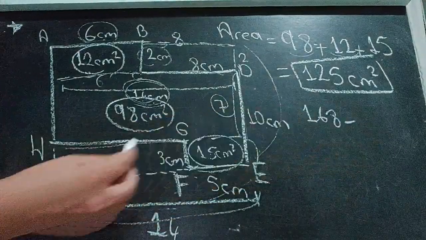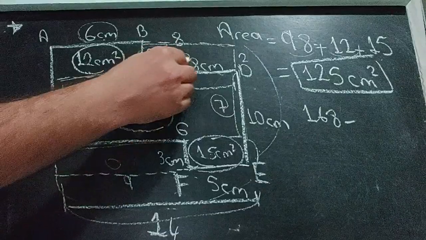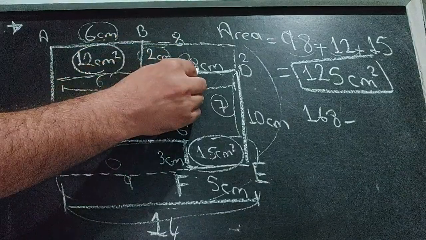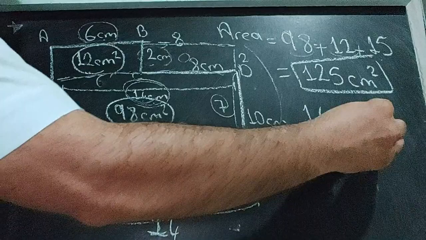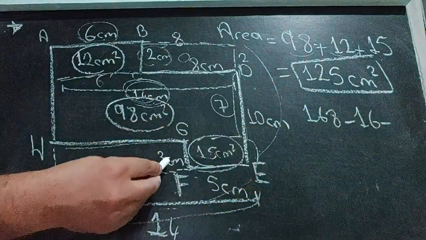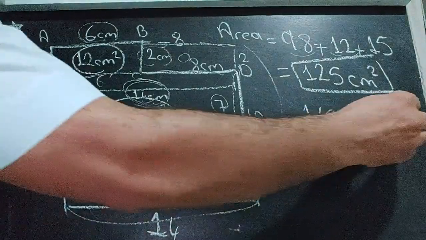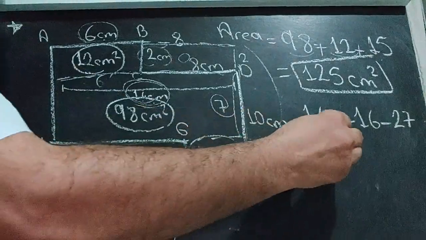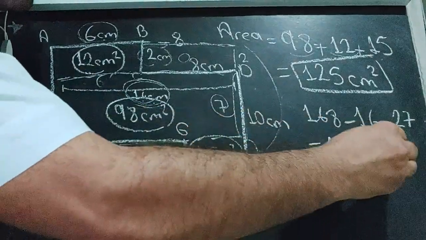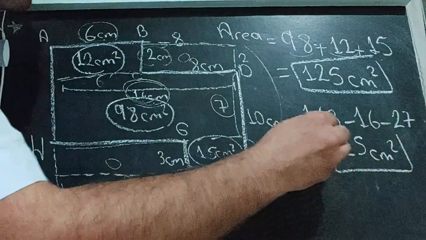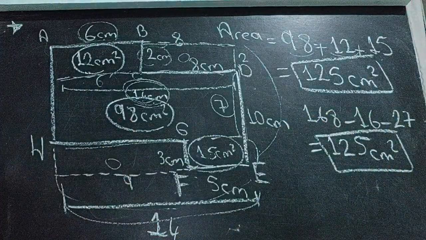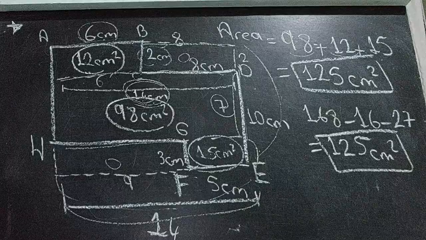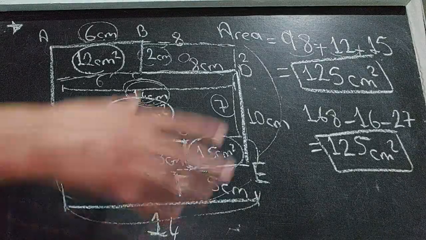You will subtract this part and this part. So 2 times 8, 16, minus 3 times 9, 27. That will give me 125 centimeters squared too.